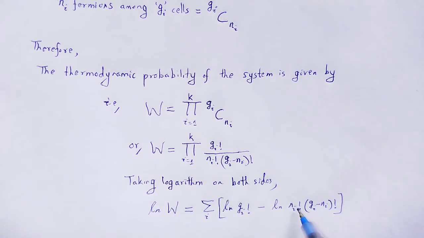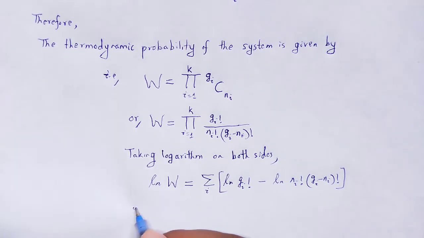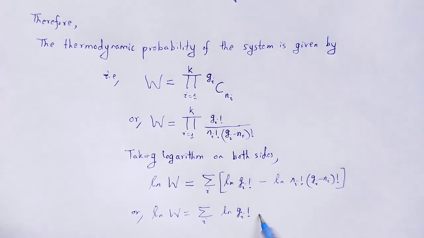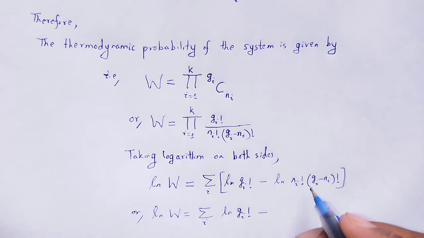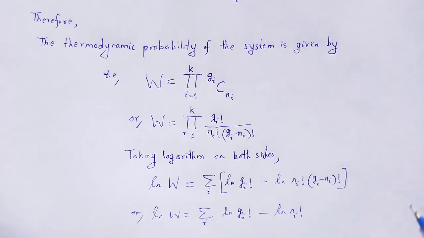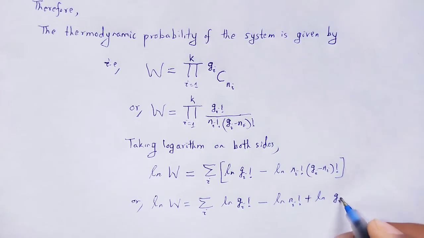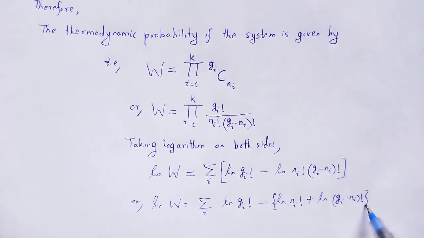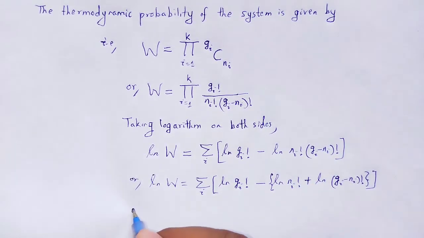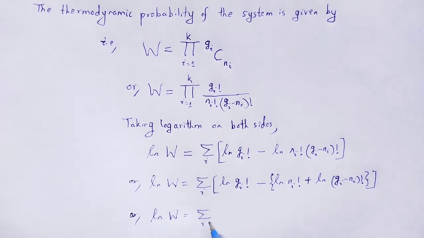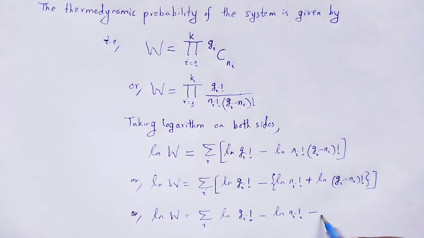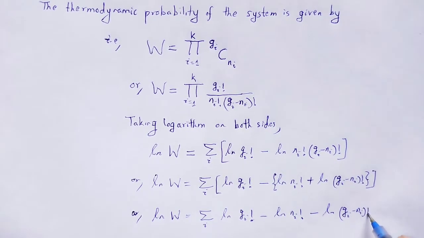Again log ab is log a plus log b, so ln W is equal to summation over i of ln Gi factorial minus ln Ni factorial minus ln Gi minus Ni factorial.